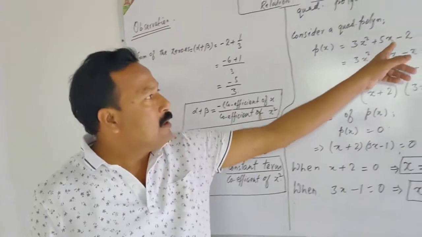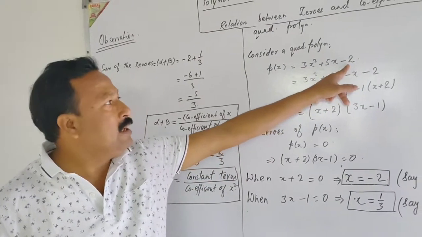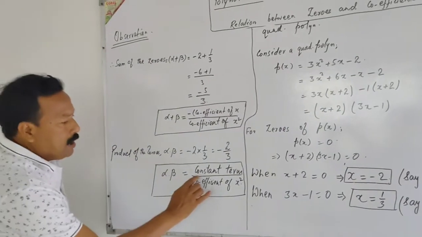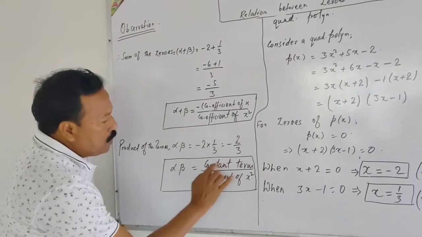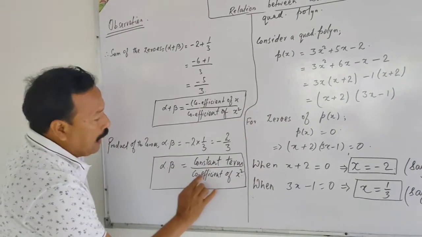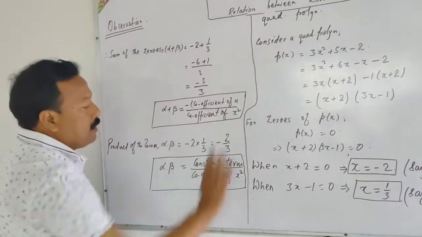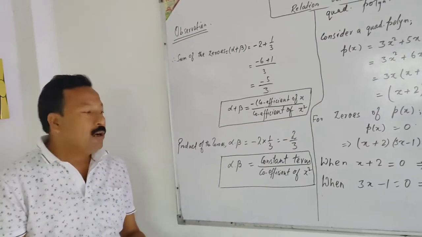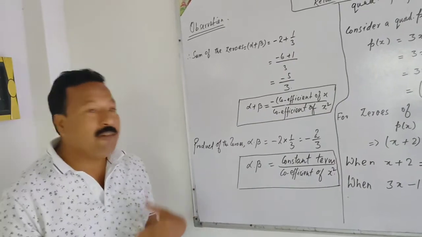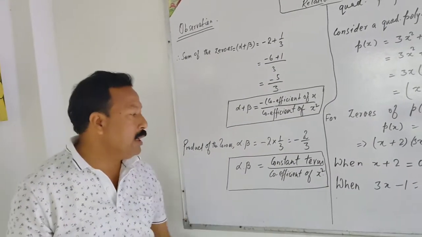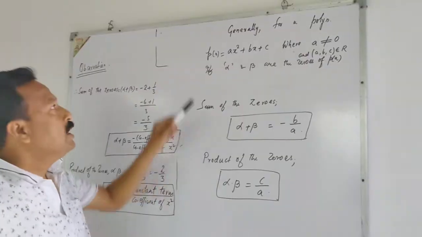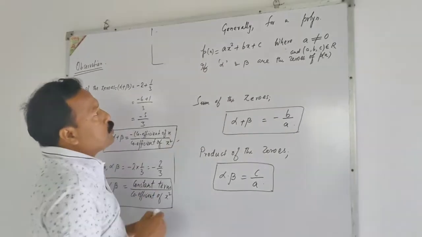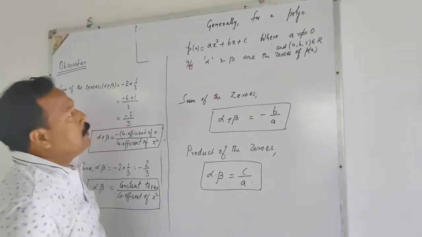In this polynomial, minus 2 is the constant term and 3 is the coefficient of x square, so the product of the zeros of a quadratic polynomial is given by the constant term divided by the coefficient of x square.